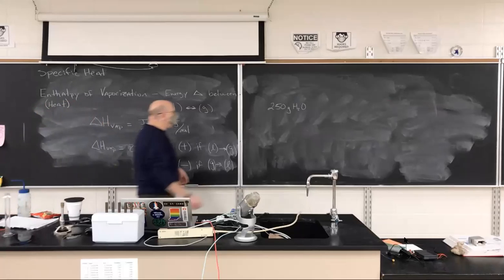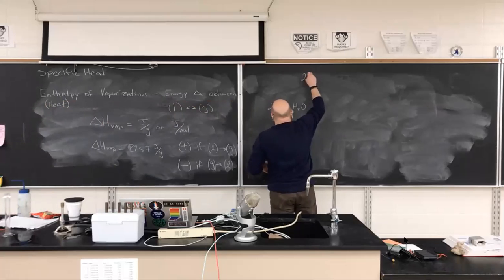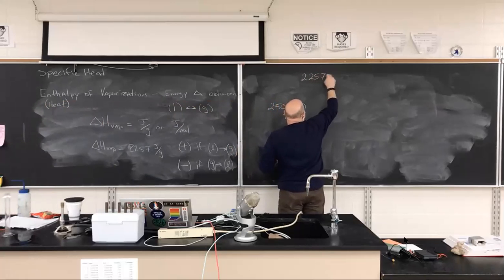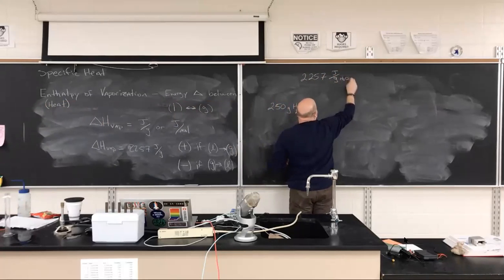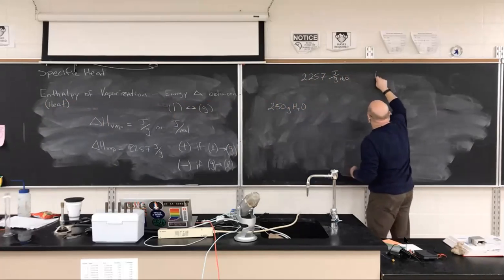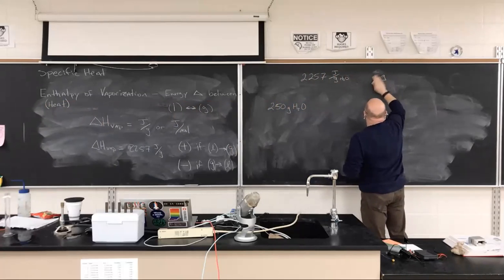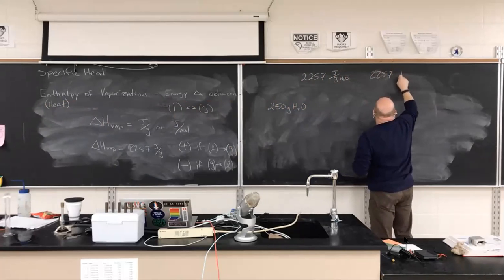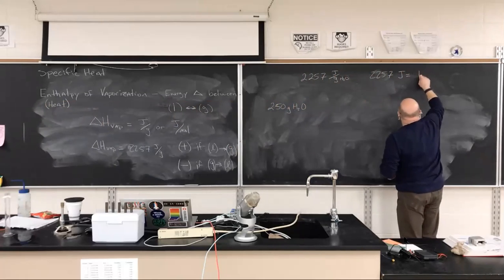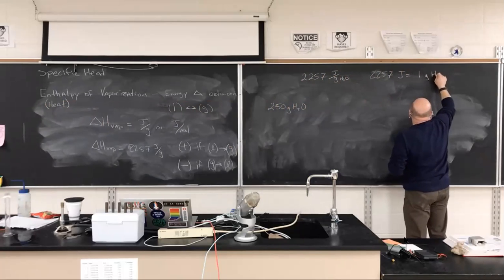And what we can say is, if the enthalpy of vaporization is 2,257 joules per gram of water, then we can say 2,257 joules would equal 1 gram of water.